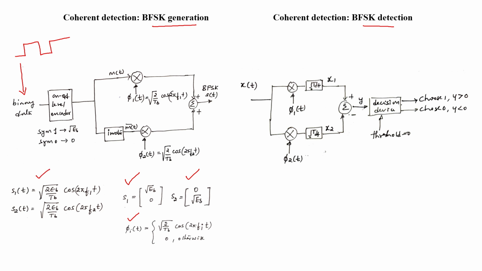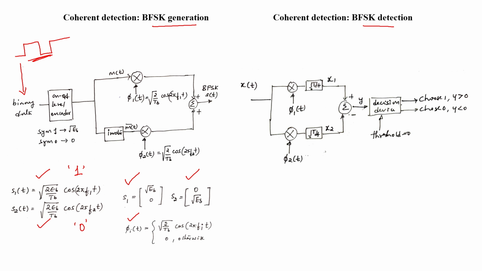If this is the equation for the two signals, that is S1 of t to represent binary 1 and S2 of t to represent binary 0, I have to obtain a suitable encoding value to represent this binary value.